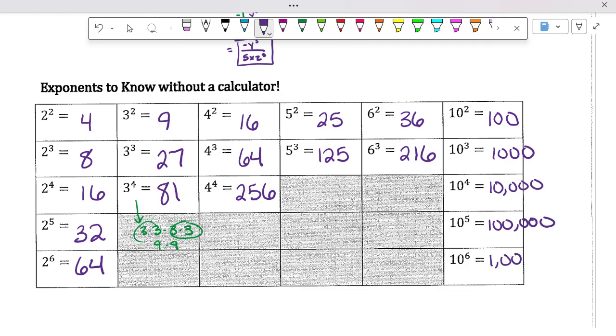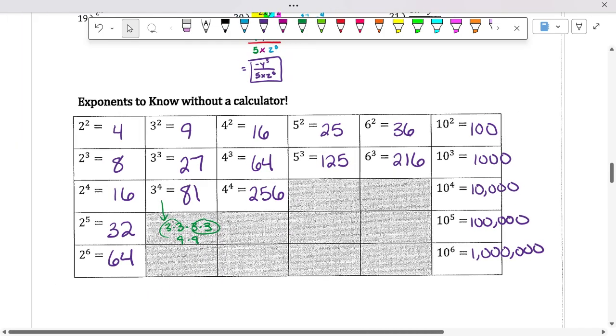A million. So 10 raised to any power is easy. If you start with 10 squared or 100, just think about how far away 2 is from 6. That's 4, meaning you add 4 zeros to the 2 that's already there.